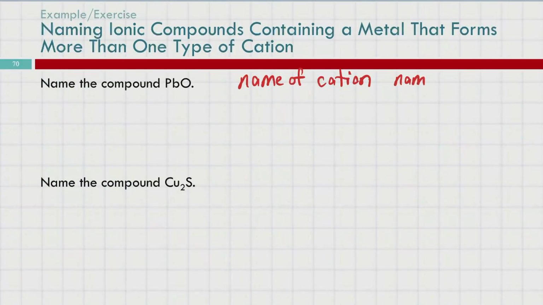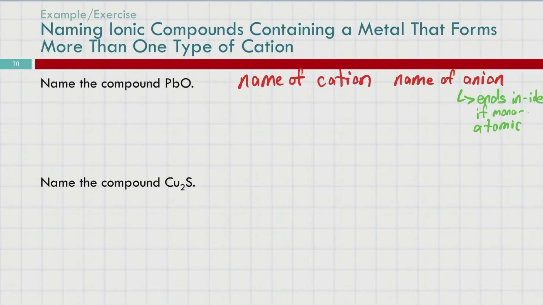And the name of the anion. And our anions, if it's monoatomic, if it's just one thing, that means it'll end in "ide." So if it's monoatomic for our anion, it'll end in IDE.